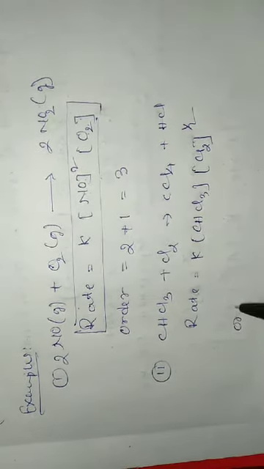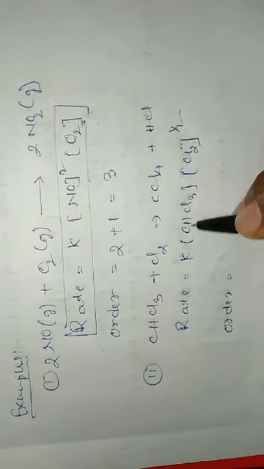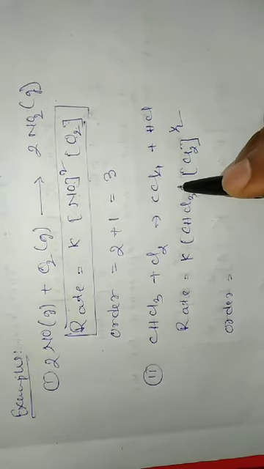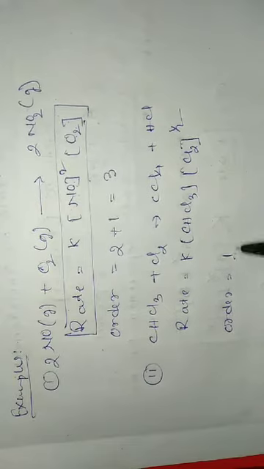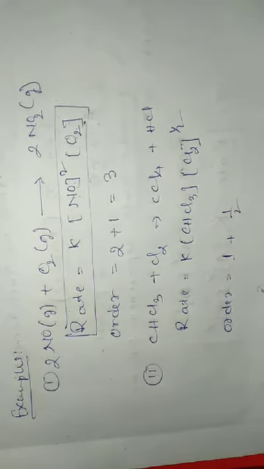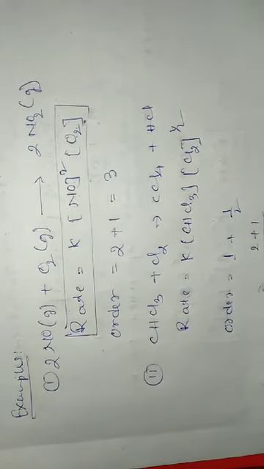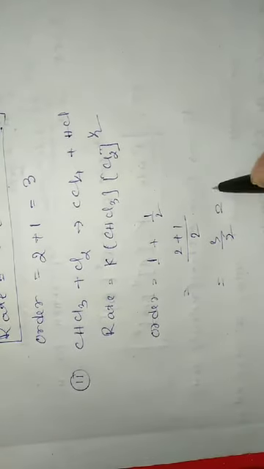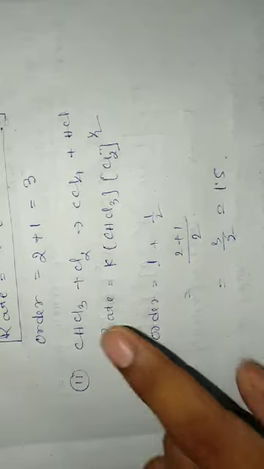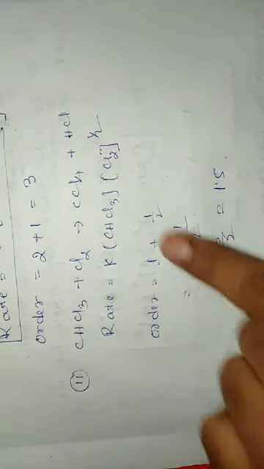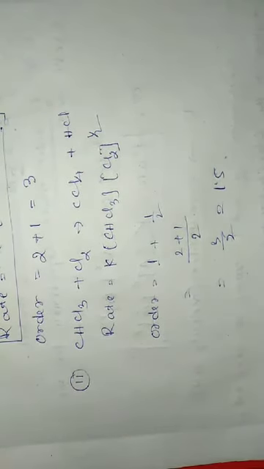So how many order for this reaction? The exponent of chloroform is 1, plus half, so this is equal to 3/2. So this is an example of a reaction whose order is a fraction.